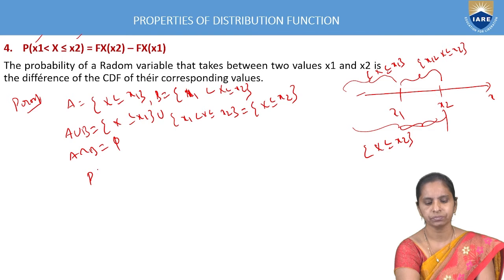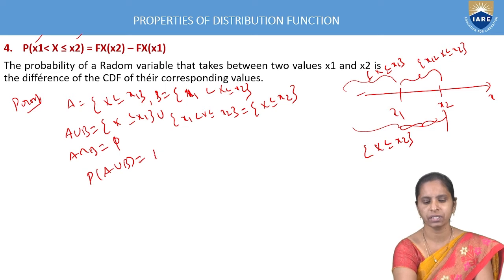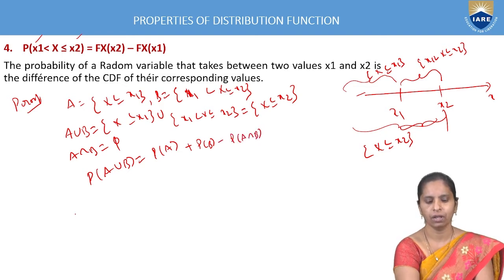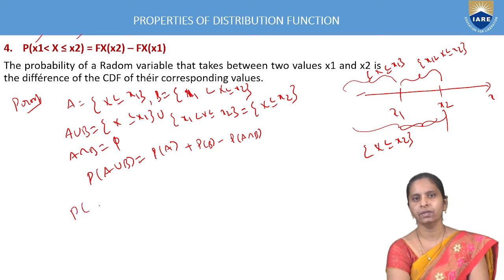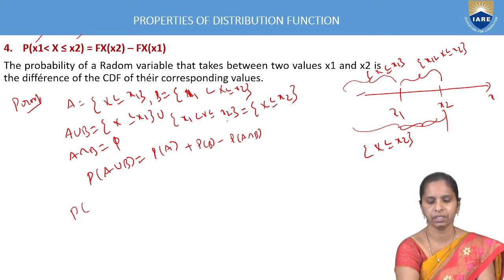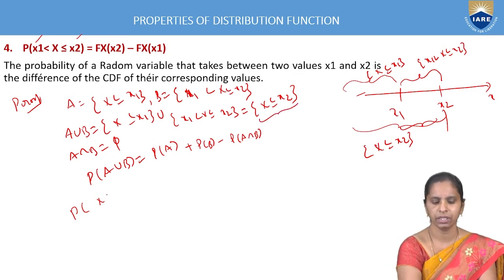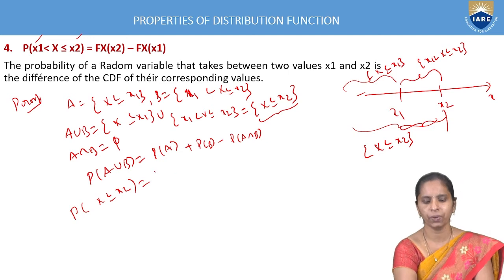Now let us go for the probability union property. P of A union B is equal to P of A plus P of B minus P of A intersection B. Now, P of A union B, where A union B is X less than or equal to X2 only, equals P of A, where A is X less than or equal to X1, plus P of B. Event B is from X1 to X2.